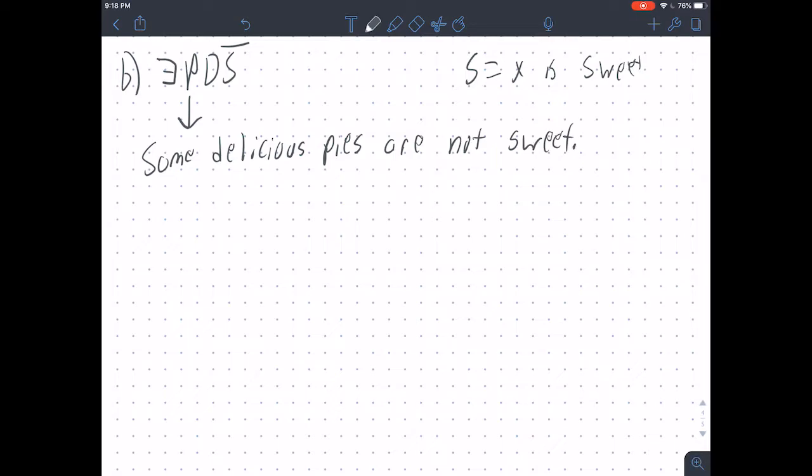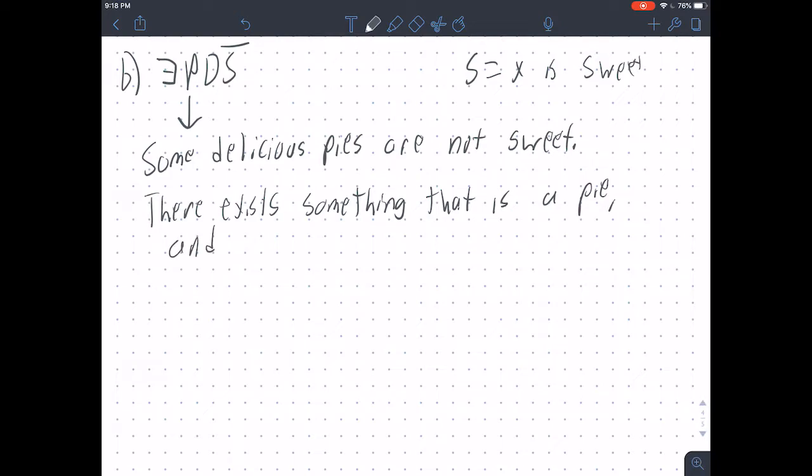Or that's the good English anyway. Perhaps a more literal way of rendering this would be there exists something, or at least one thing, that is a pie and delicious and not sweet. And this is something that we could not represent directly in term logic.